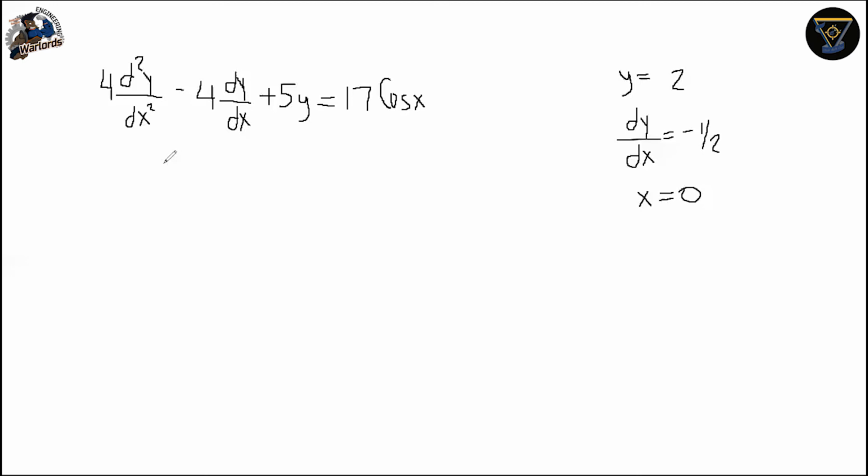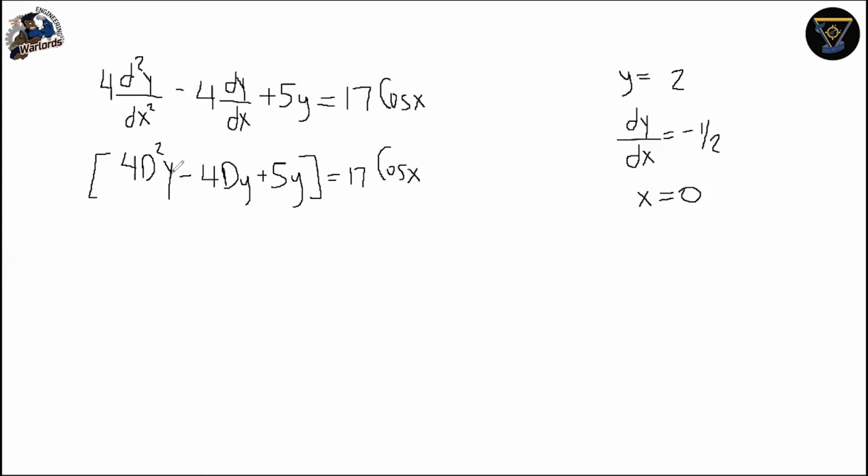All right. So the first thing we need to do is find yc. So we're making substitution for d squared and for d, right? So we have 4 d squared y minus 4 dy plus 5y, and then you have your 17 cos x.